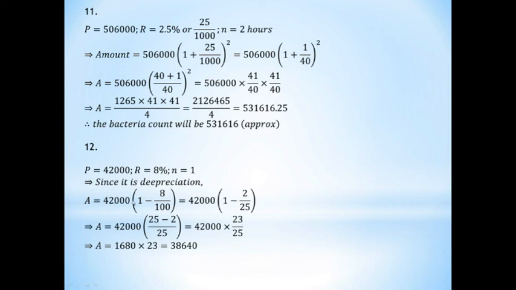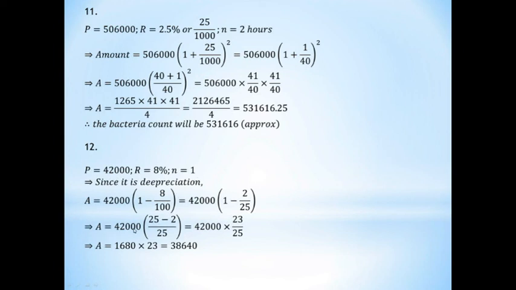Amount equals 42,000. Since the rate is depreciating, we have to put minus inside the bracket instead of plus, okay? Then for 42,000, 1 minus 8 by 100. 8 by 100 can be simplified with 4. With 4 this is 2, with 4 this is 25. So inside the bracket, 42,000 times 1 minus 2 by 25. Since the power is only 1, we don't need to put the exponent here.